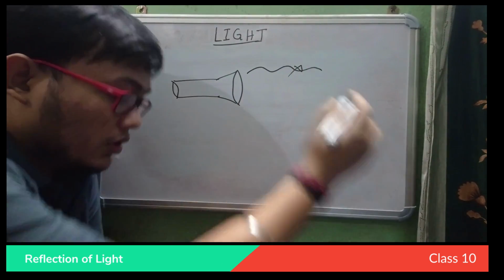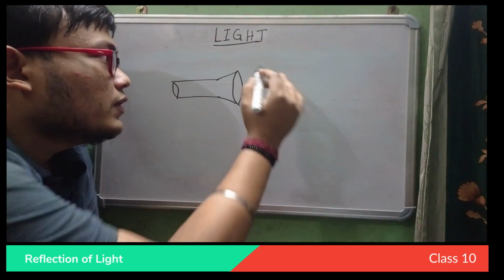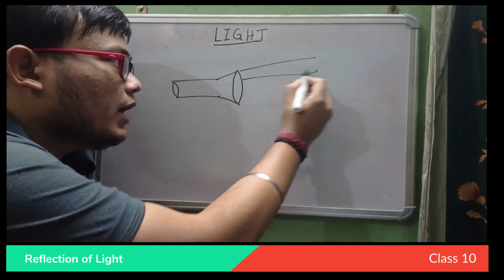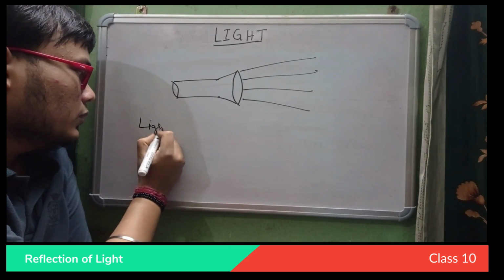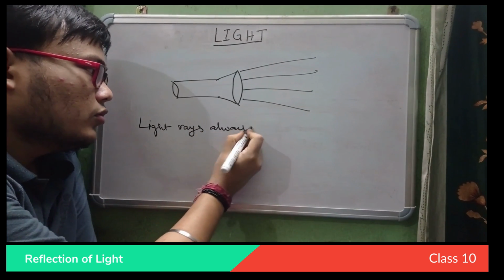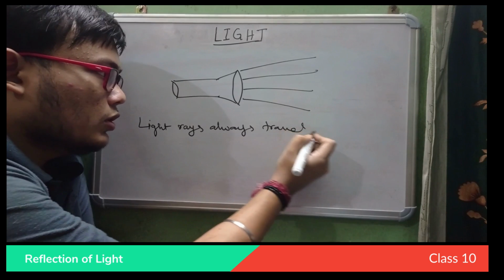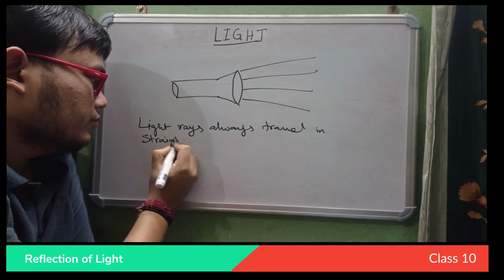It always travels in straight lines. This is one of the properties of light rays: light rays always travel in straight lines.